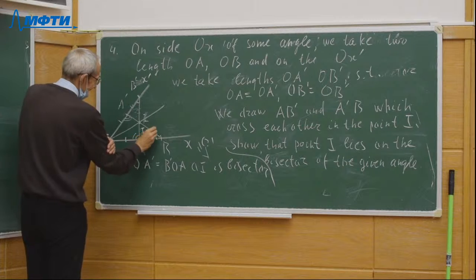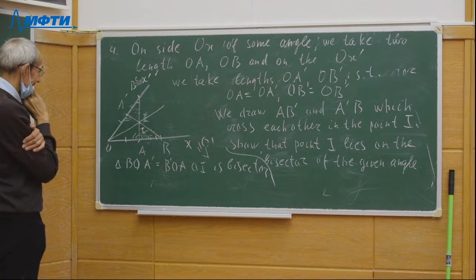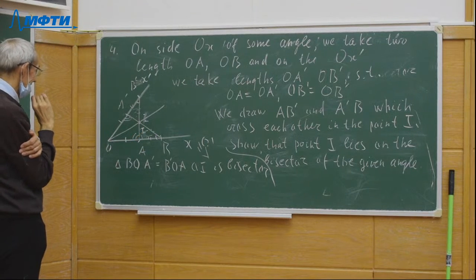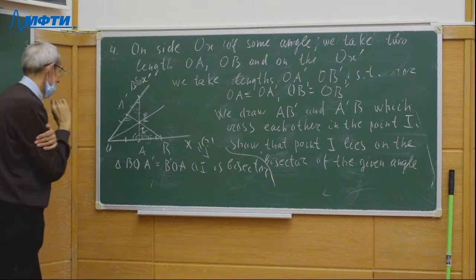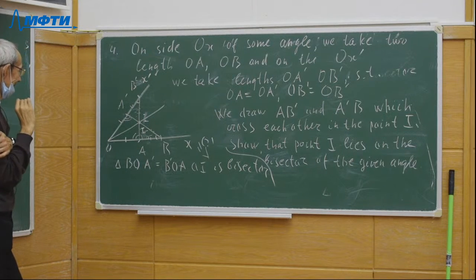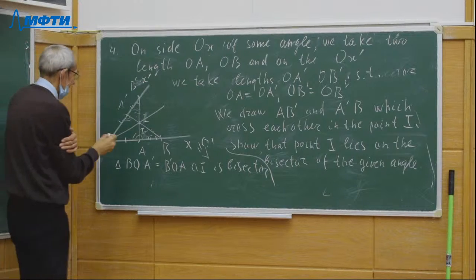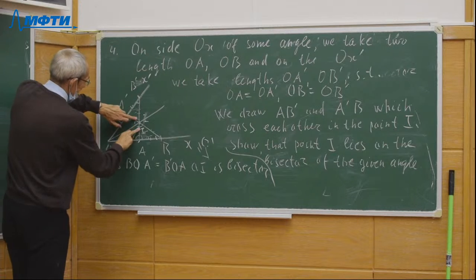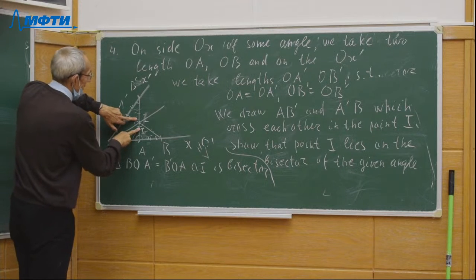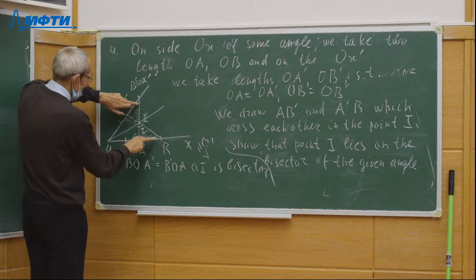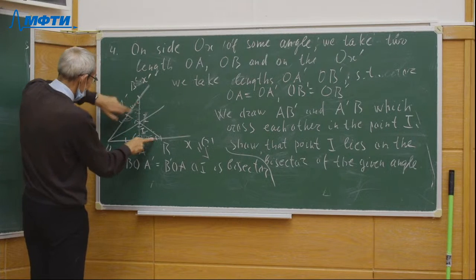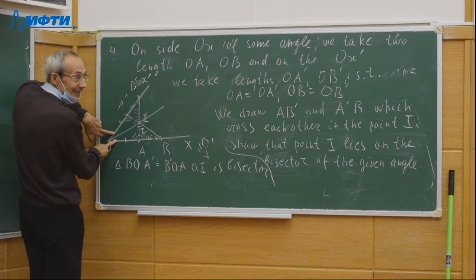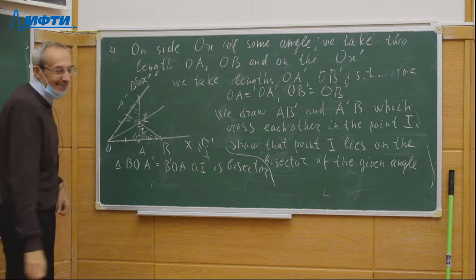This side is equal to this side. And we can compare these two triangles. These angles are equal, and then these angles also equal. We win.